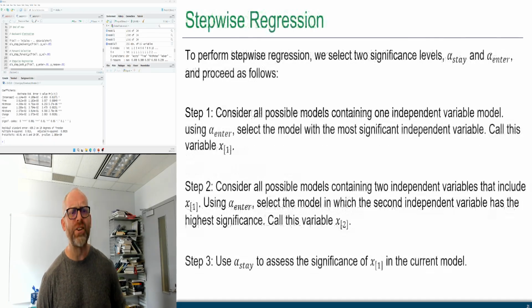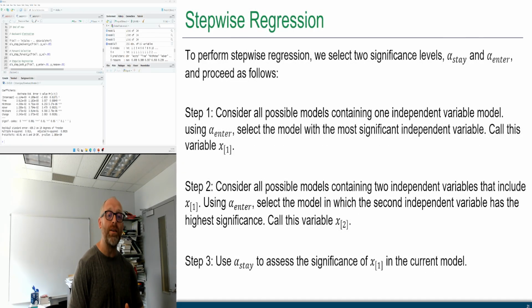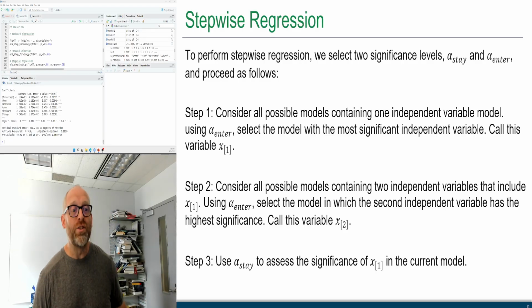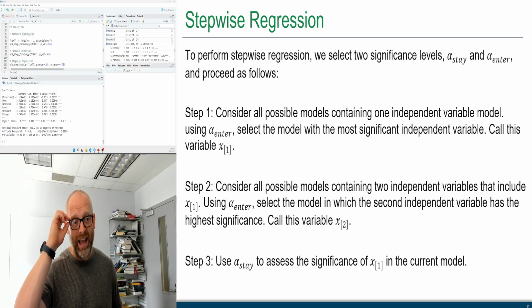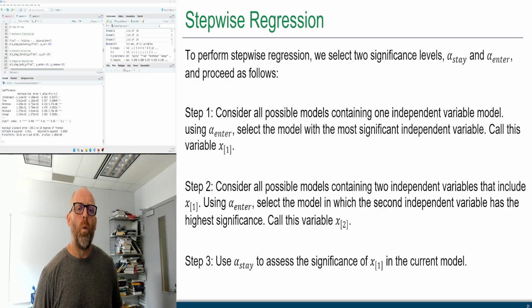Okay, let's look at the last one now, a combination of the two. To perform a stepwise regression, we select two significance levels this time. So we have two alphas: an alpha stay and an alpha enter. Step one, we consider all possible models containing one independent variable. So think of it as starting in exactly the same way we did with forward selection.